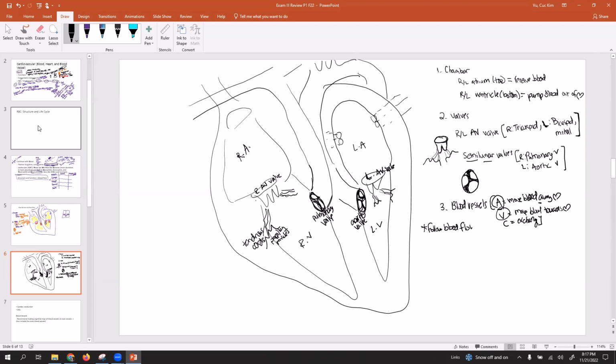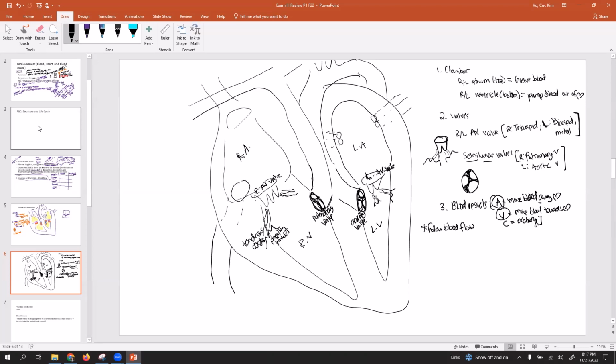Gonna get two things out of the way. Okay, so we'll start with how blood enters into the heart. How does blood enter into the heart? The subclavian. Not the subclavian.